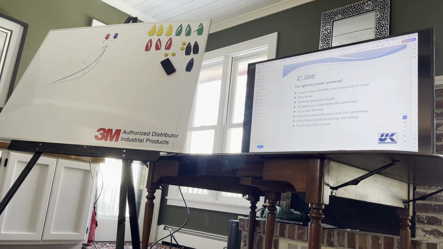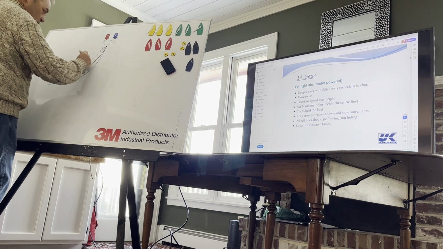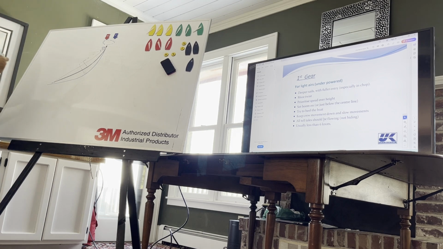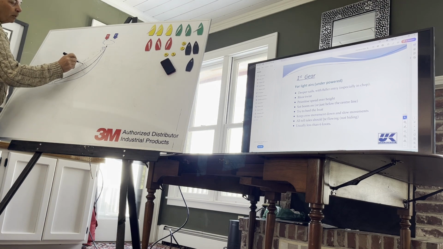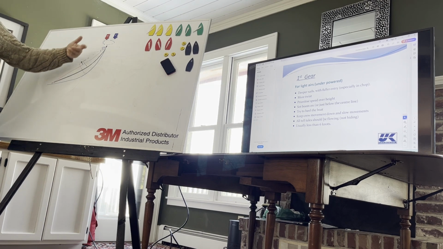Then what happens? All right, here's this sail. What's that draft depth? Really flat, right? So there's not as much bend. So we're not generating the kind of power that a full sail does.